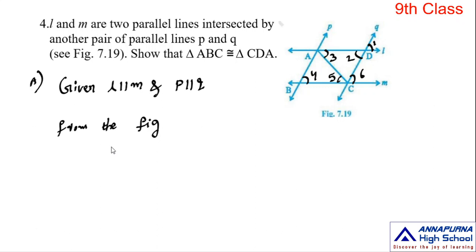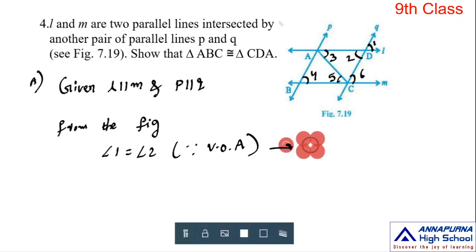So angle 1 is equal to angle 2, since VOA means vertically opposite angles. This is equation 1.